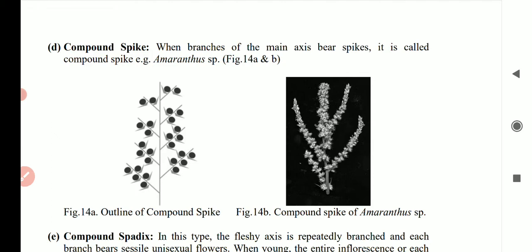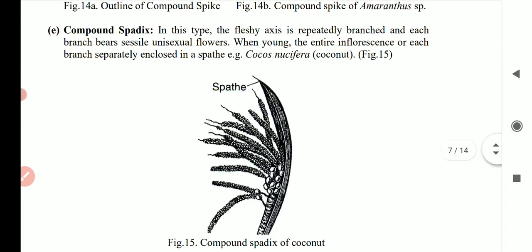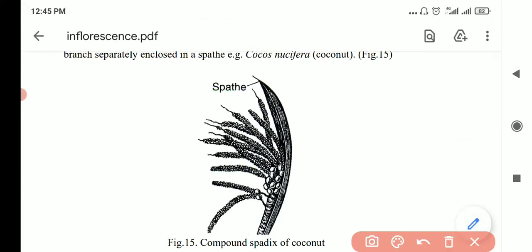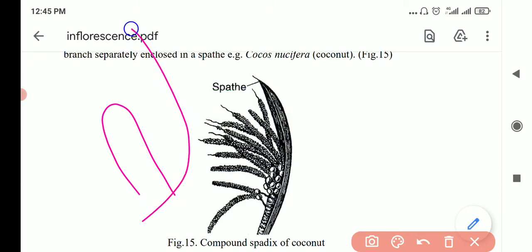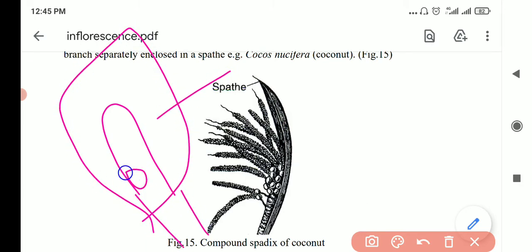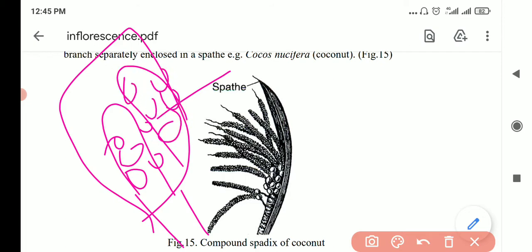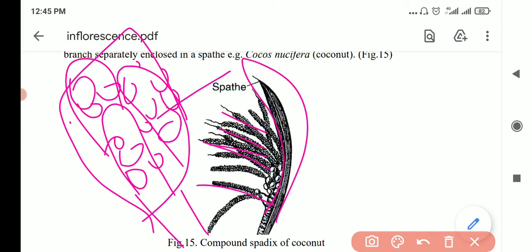So very easy. Then compound spadix. Remember that one when we wrap it in a blanket, in a spathe, when we enclose this one, many. Now here not only one, there's one big spathe, but it is enclosing so many flowers. This is also another axis, and there are many flowers. So you see this one, many flowers in the one big spathe.